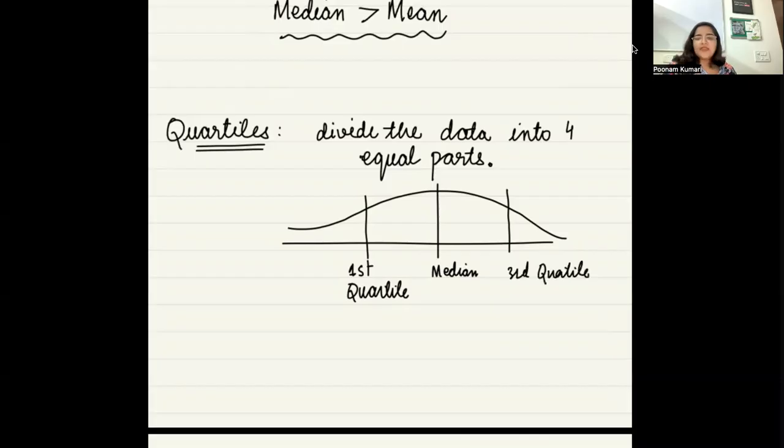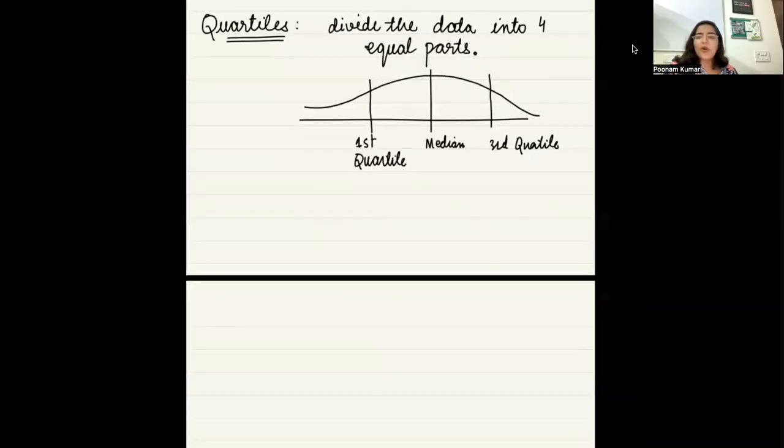So what does a quartile do? It divides your data into 4 equal parts. So this is your first part, this will be your second part, this will be your third part, and this will be your fourth part. Is that fine? Yes, ma'am. So this is called quartiles.